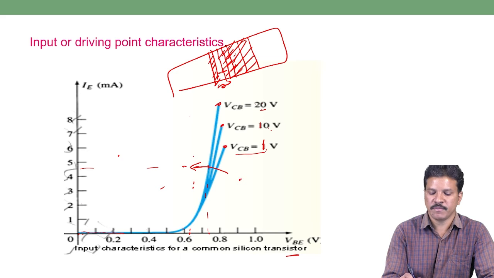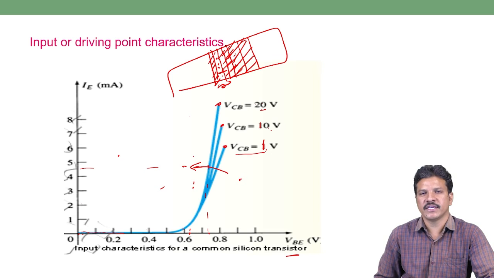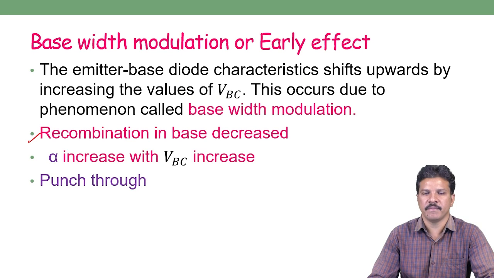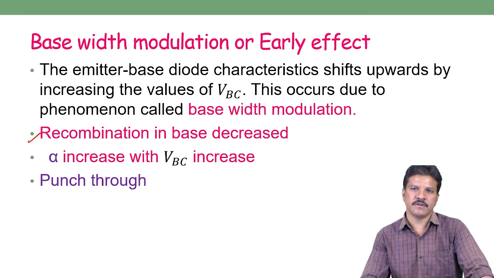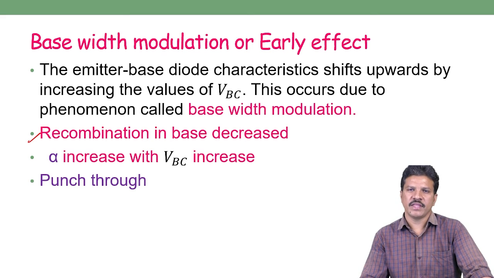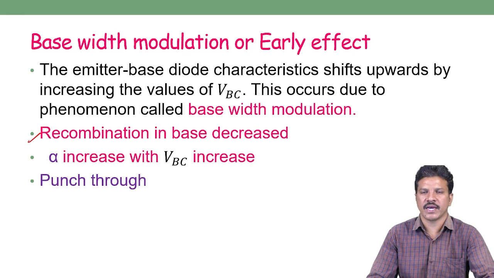Base width decreases, so less recombination takes place in the base region, so the current flow in the base is reduced. When recombination is less in the base region, the remaining current reaches the collector.